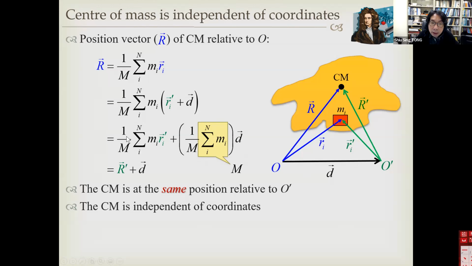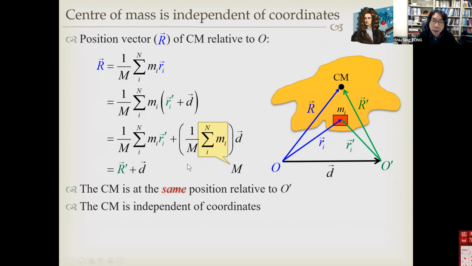Now you can easily see that the first summation, after dividing by the total mass, is just the new position of the center of mass. The position of the center of mass relative to the prime coordinate, relative to O prime, right? Because the summation now involves the Ri prime. So summation Mi Ri prime divided by M will be the center of mass position relative to the prime coordinates.